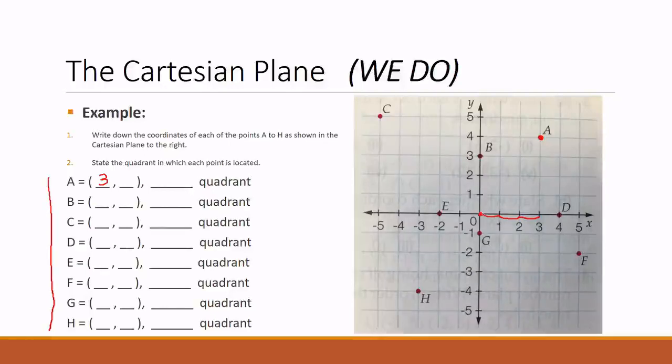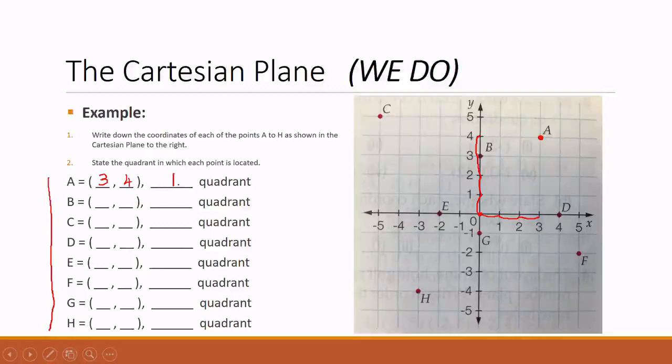And if I look at the Y-axis, again starting at the origin, it looks like I've counted up 4 units. So starting at the origin, 1, 2, 3, 4. So I think the coordinate of point A is 3, 4, and I can see that it's in the first quadrant.